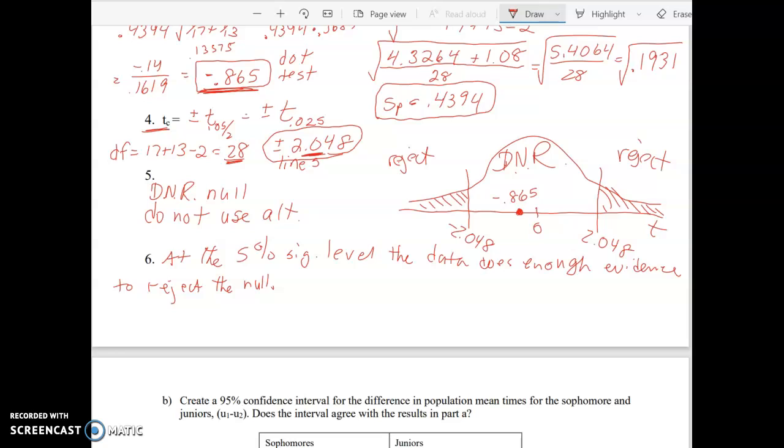So if we did not reject the null, then we cannot say the alternative. And the alternative, remember, was that the GPAs were different.